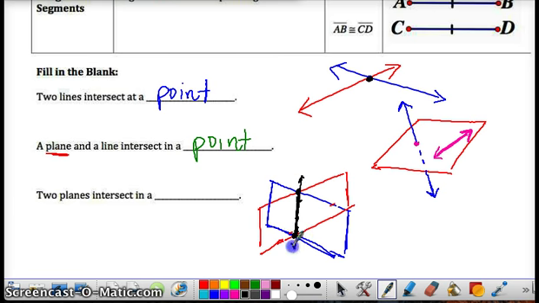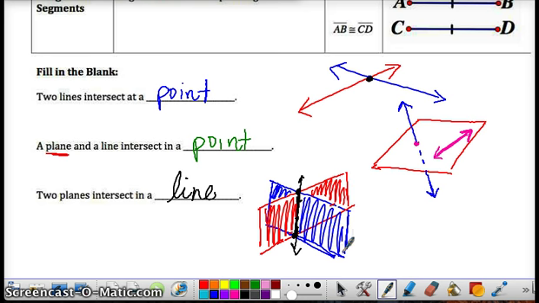So technically, two planes intersect in a line, right? So we have maybe the red plane coming through, intersecting the blue plane. So it looks like that. And remember, if they go infinitely up and down, then the two planes intersect in a line.